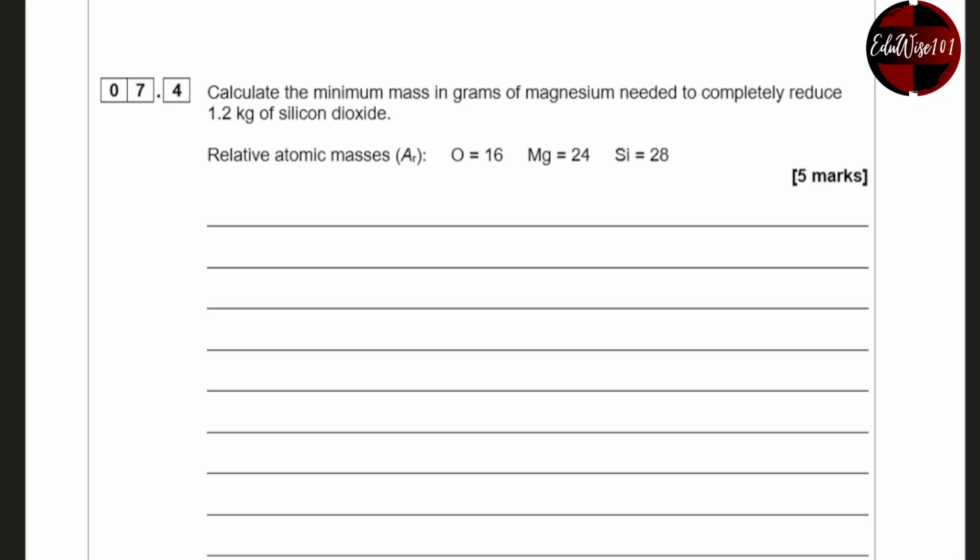Calculate the minimum mass in grams of magnesium needed to completely reduce 1.2 kilograms of silicon dioxide. So you're trying to reduce 1.2 kilograms of silicon dioxide.